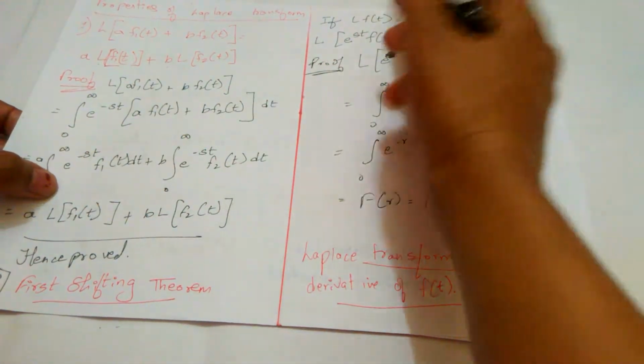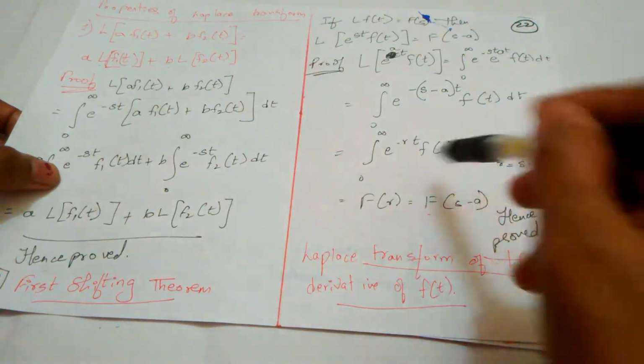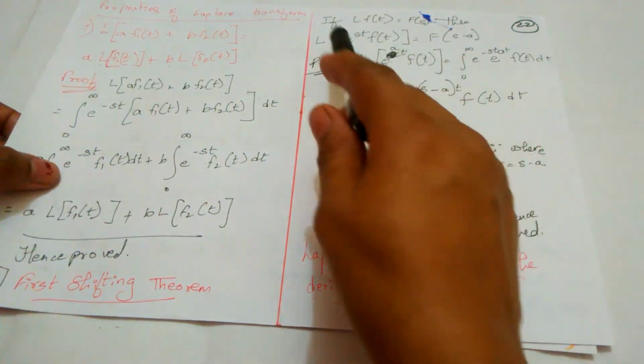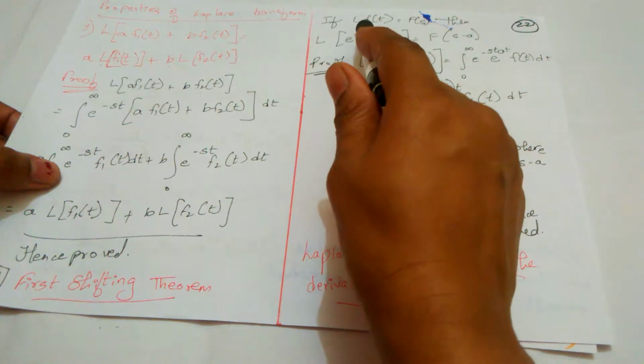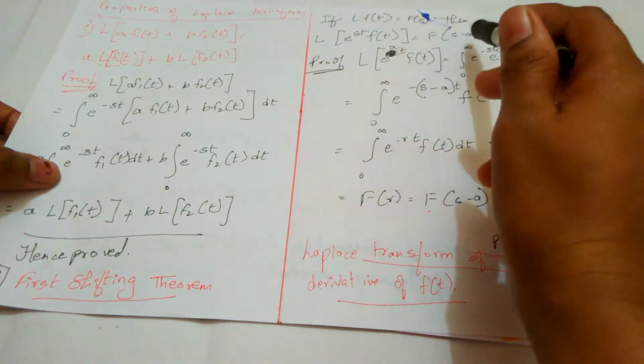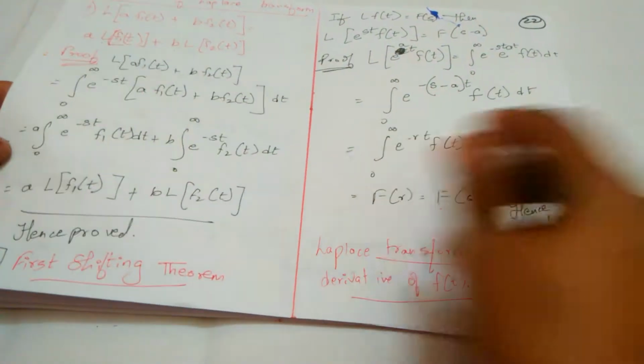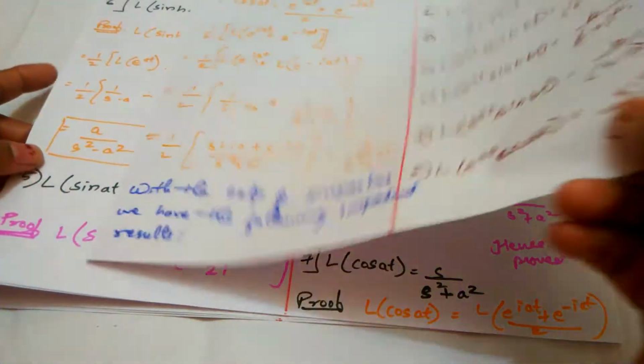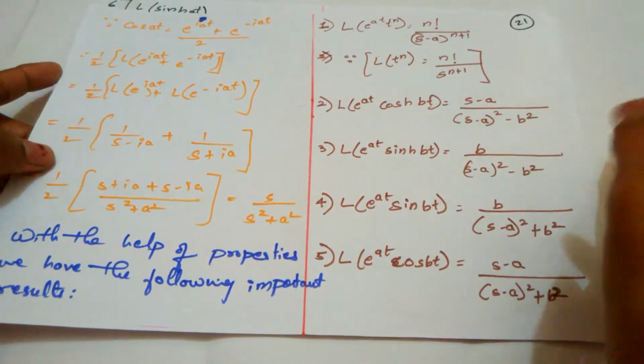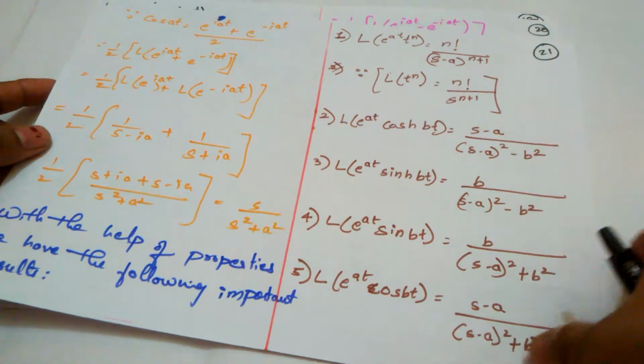What it says is that L of e raised to at f of t is equal to F of s minus a, and based on these properties we have a few results which we should know.